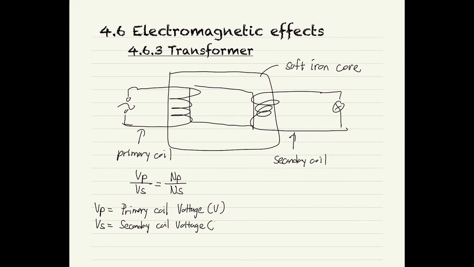Unit is volt. Np is number of turns of primary coil. Ns is number of turns of secondary coil.